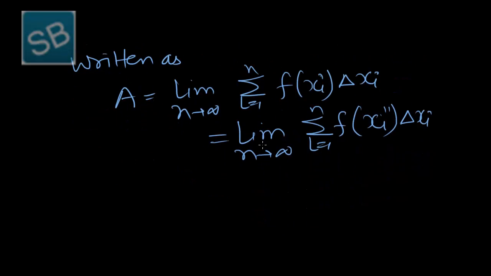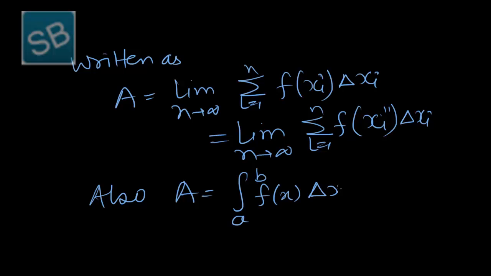And also this can be replaced by the definition of integration, that is A is equal to integral a to b f of x dx. That is by the definition of limit as a sum.